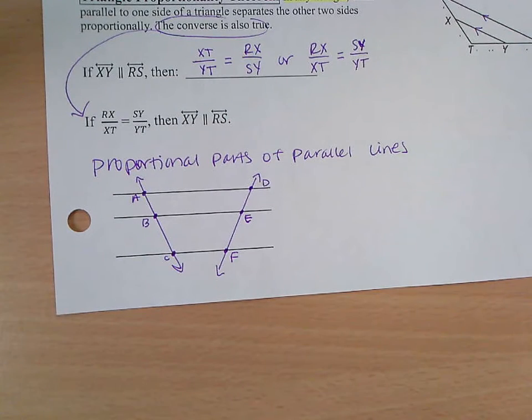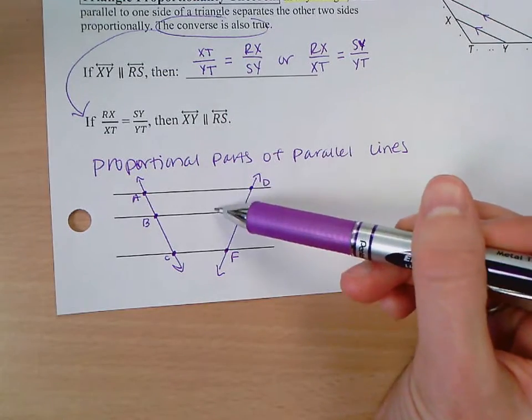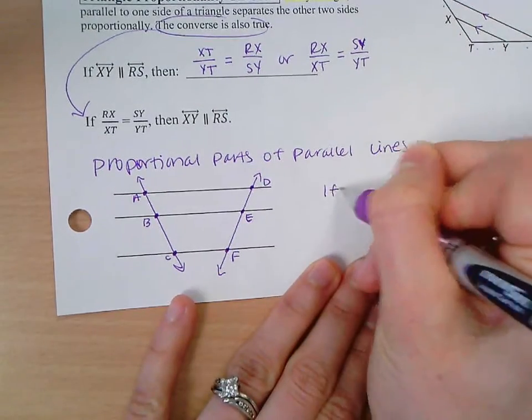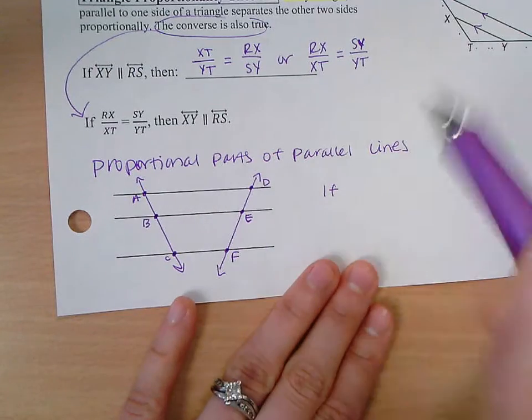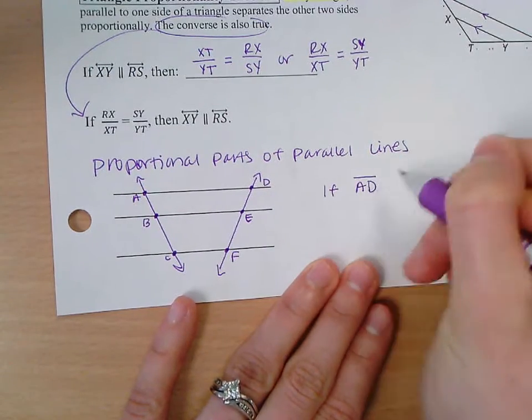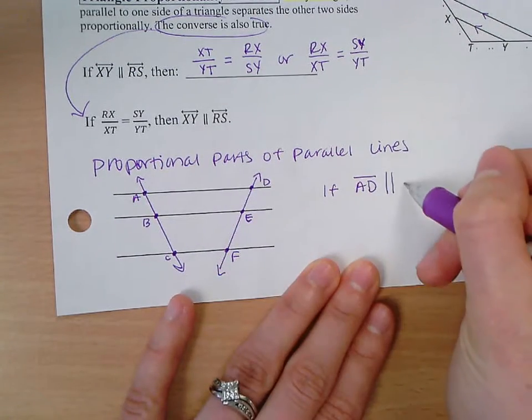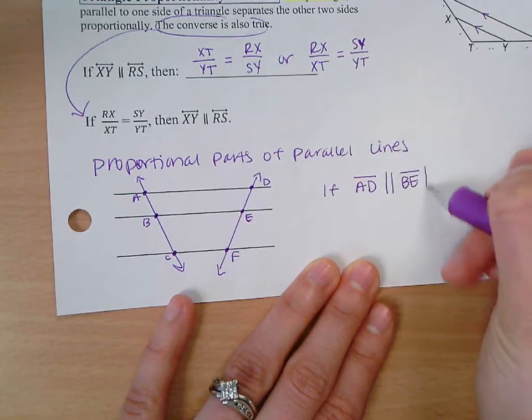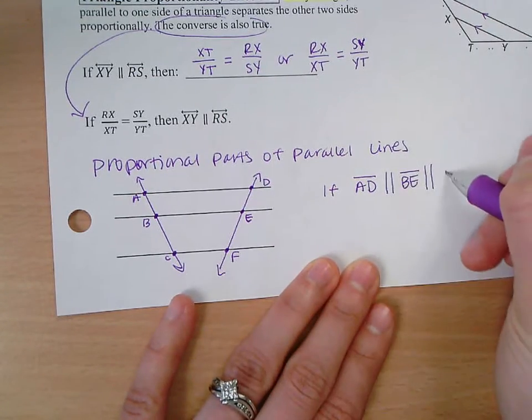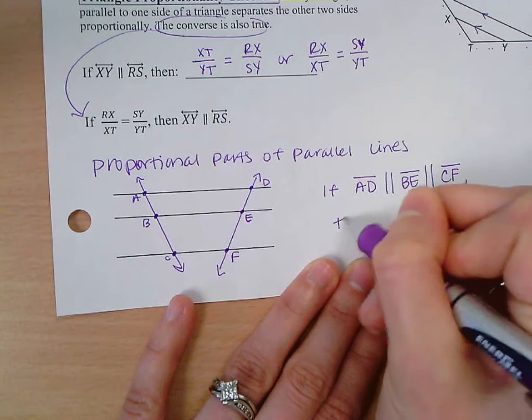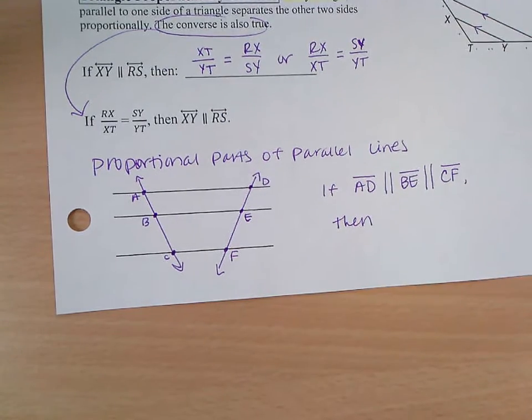Okay, so the proportional parts of parallel lines, what it says is if I know these three lines are parallel, so if line AD, or segment AD, is parallel to segment BE, which is parallel to segment CF, then I know that that transversal splits into proportional parts.